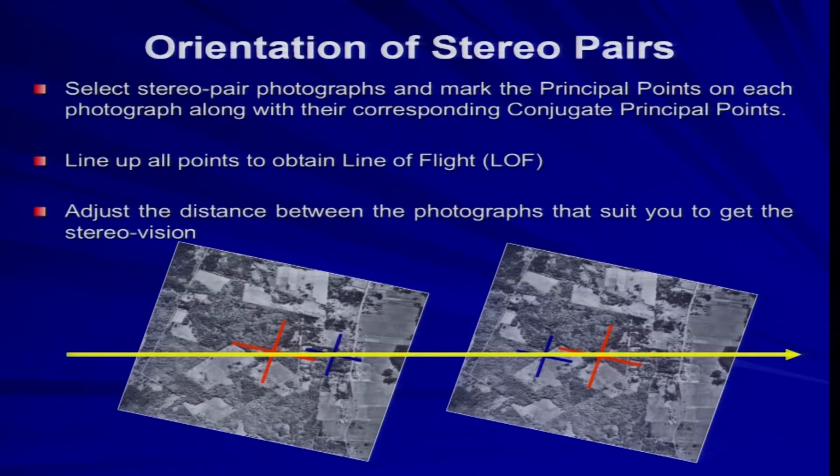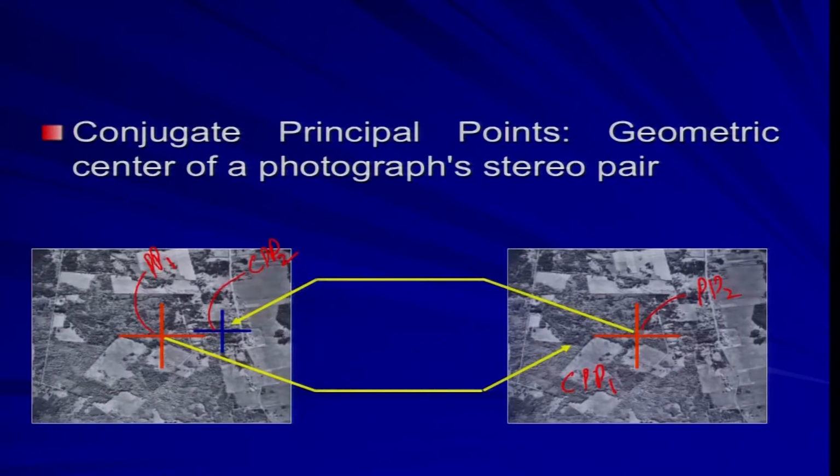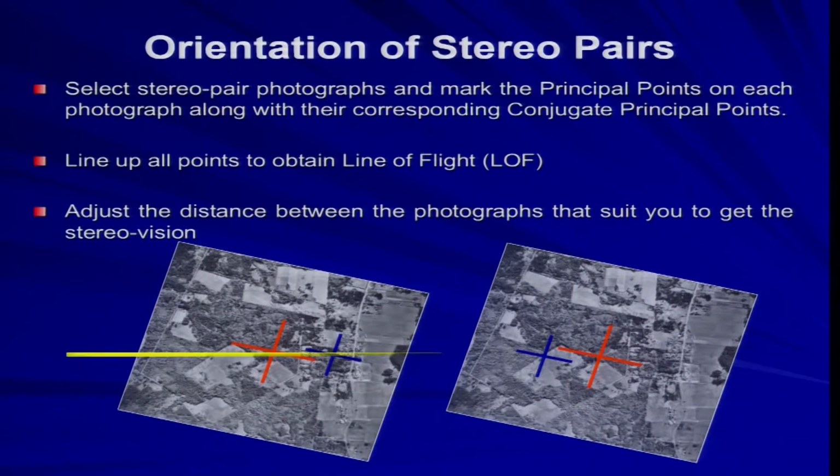Now, when we orient these photographs, because earlier in the previous one we just kept the photographs very straight, we did not even move or incline them. But after getting the line of flight, if you connect both the conjugate and principal point, you have oriented this in this direction to get the line of flight.